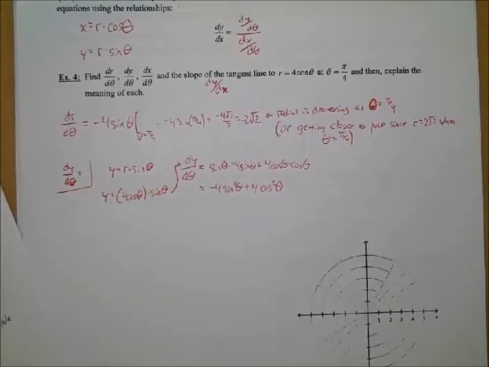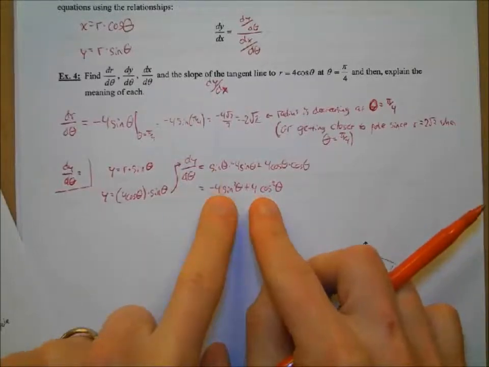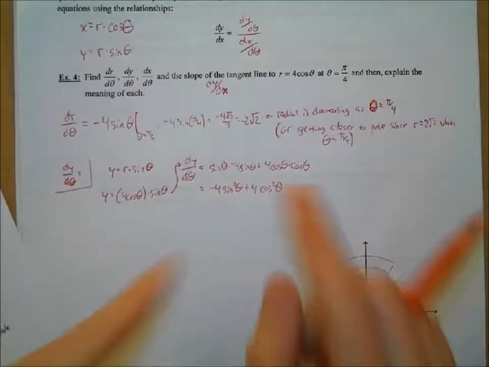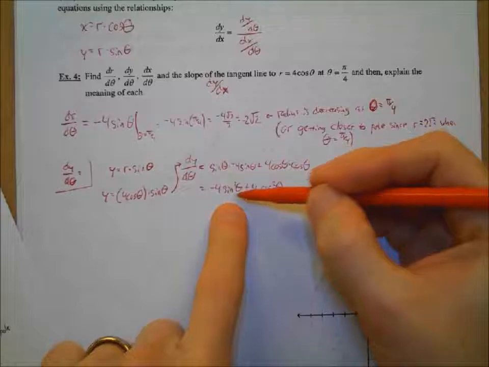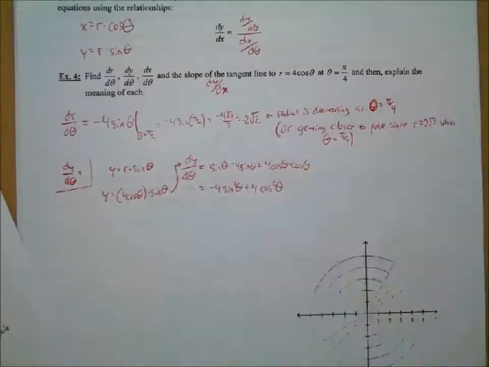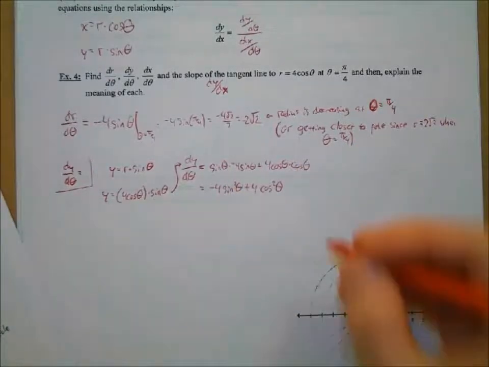And even if we factored a negative 1 out, then this would become positive, but then this would become negative. And there's no way you can correct for that, really. I mean, we could solve sine squared plus cosine squared equals 1 so that sine squared is equal to 1 minus cosine squared. So I could replace this sine squared with 1 minus cosine squared and then simplify things if I wanted to. But nah, let's just evaluate here.